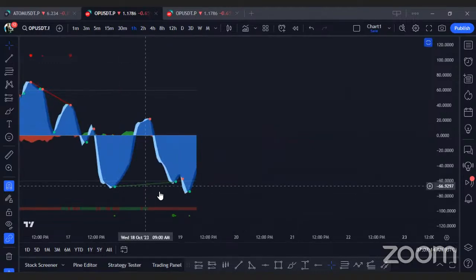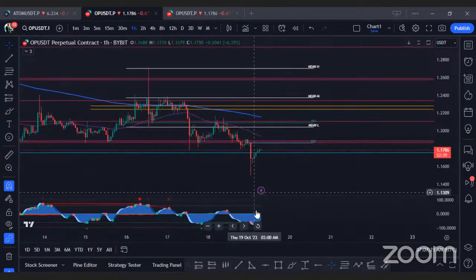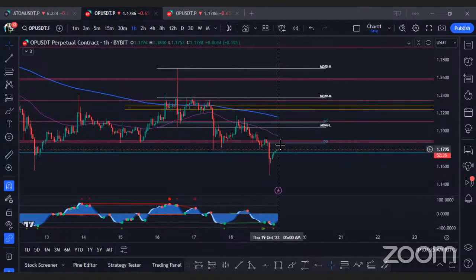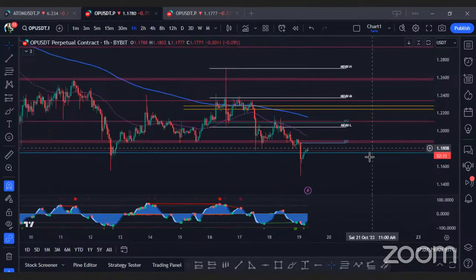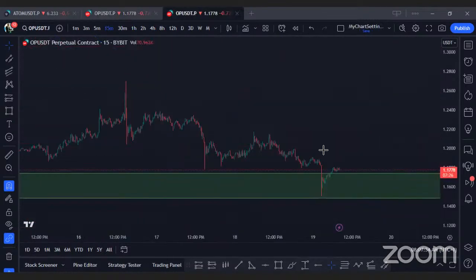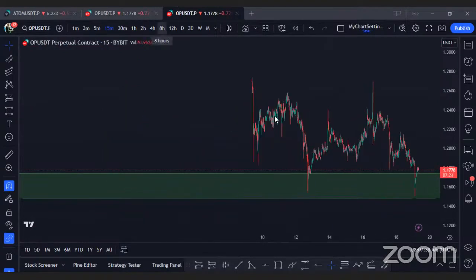This divergence is what actually made me say that OP could be going up, which is exactly what we are seeing, that rejection here. So I wanted it to come back up. I'm targeting that $1.2 level for the OP trade. That's the area I'm equally looking at for the OP token.